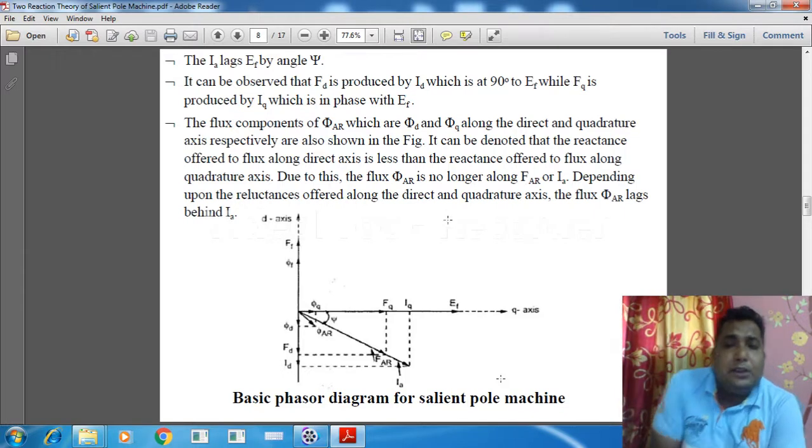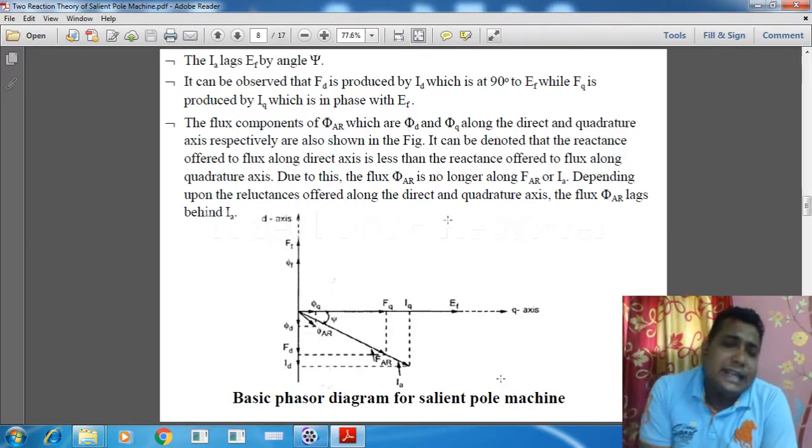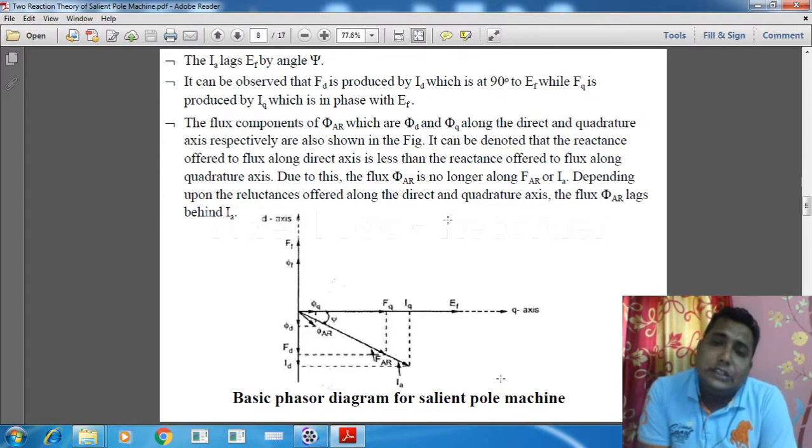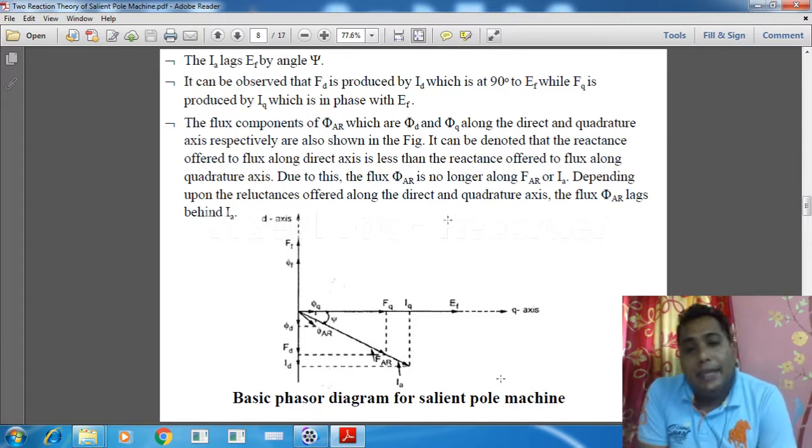It can be noted that the reluctance offered to the flux along the direct axis is less than the reluctance offered to the flux along the quadrature axis. Due to this, the flux phi AR is no longer along FAR or Ia; depending upon the reluctances offered along the direct and quadrature axis, the flux phi AR lags behind Ia.